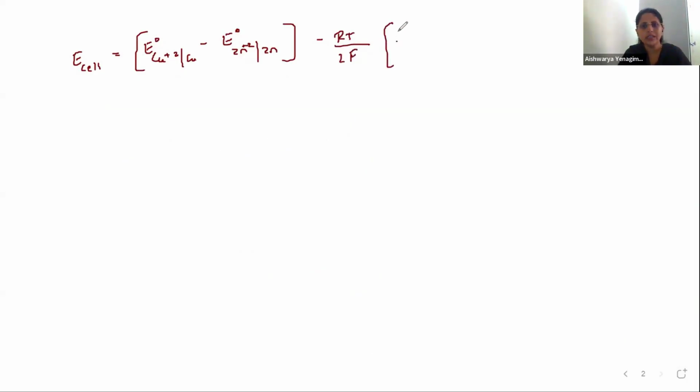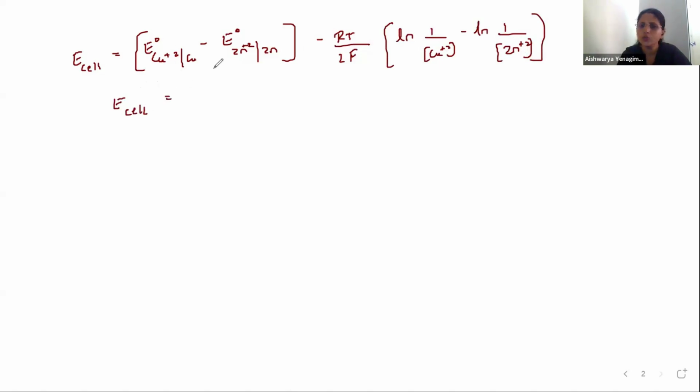So I can write this as natural logarithm 1 by concentration of Cu plus 2 minus natural logarithm 1 by concentration of Zn plus 2. Simple calculation, substitution and simplification. So I will write E cell is equal to, what is this?